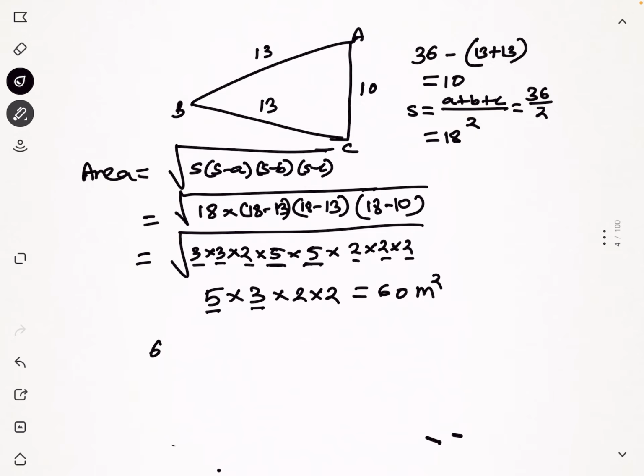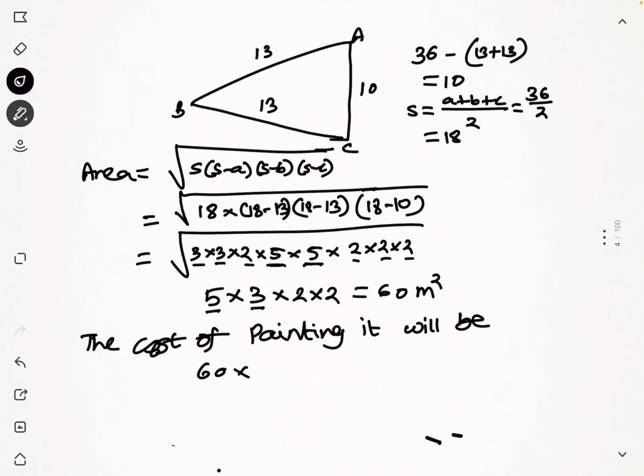The cost of painting it will be 60 into 17.50. This is rupees. So this is in meter square. So if you multiply 60 into 17.50, 1050 rupees. So you can write this as 1050.